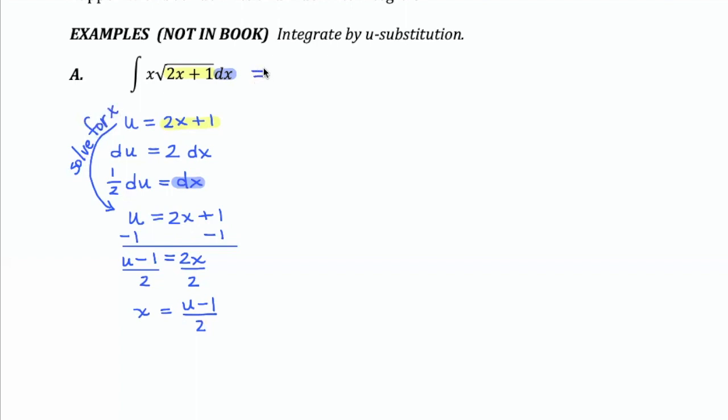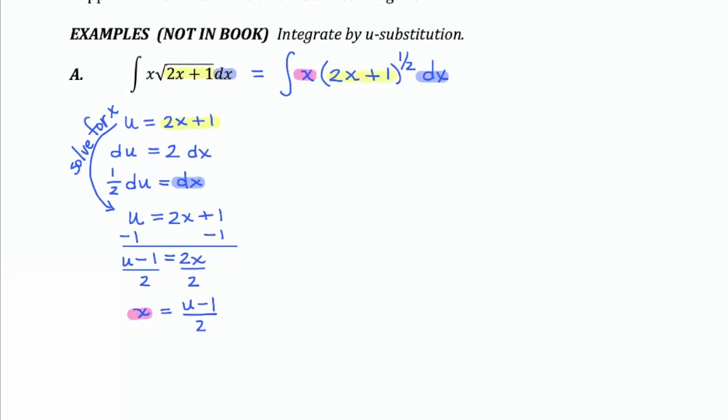I will begin by writing my integral as an equivalent integral with the fractional exponent before performing my u-substitution. Now when I match up the parts, the 2x plus 1 matches the 2x plus 1. dx, I also have a substitution for. And now I have a substitution for x, which puts it in terms of u.